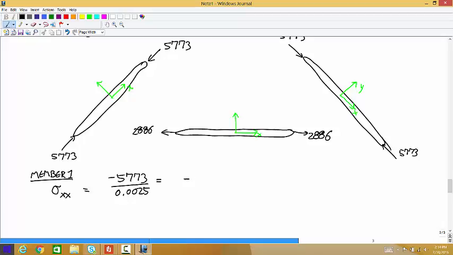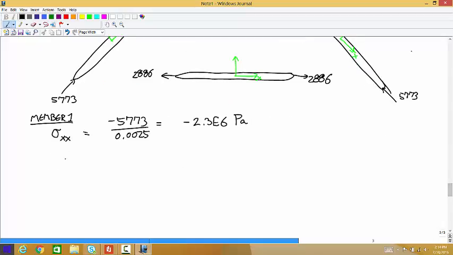Negative 2.3 times 10 to the 6. Okay. And so then the stress tensor is that, and then zeros. That's the same for member 2.